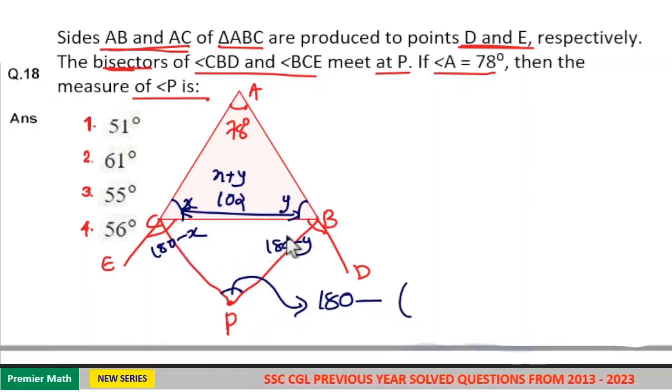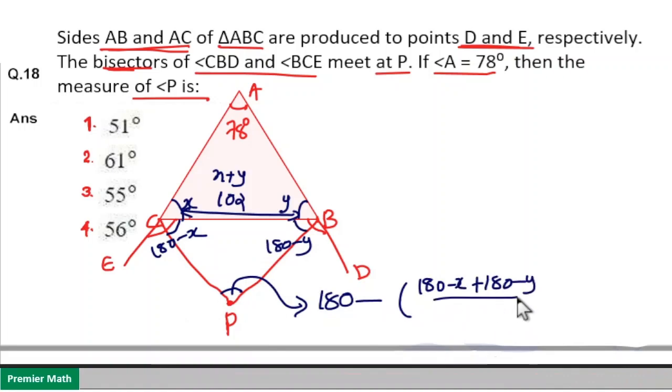This whole angle is 180 minus x, and the bisector divides it equally, so the inside angle is 180 minus x by 2. Similarly this is 180 minus y by 2, because these two are bisectors. So the sum of the other two angles is 180 minus x plus 180 minus y, divided by 2.